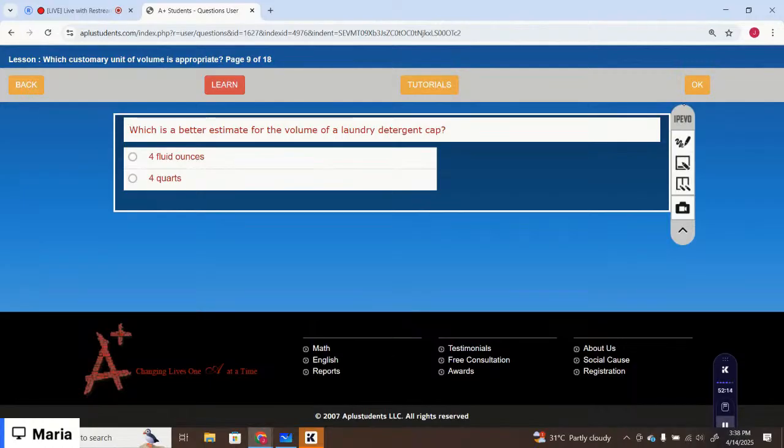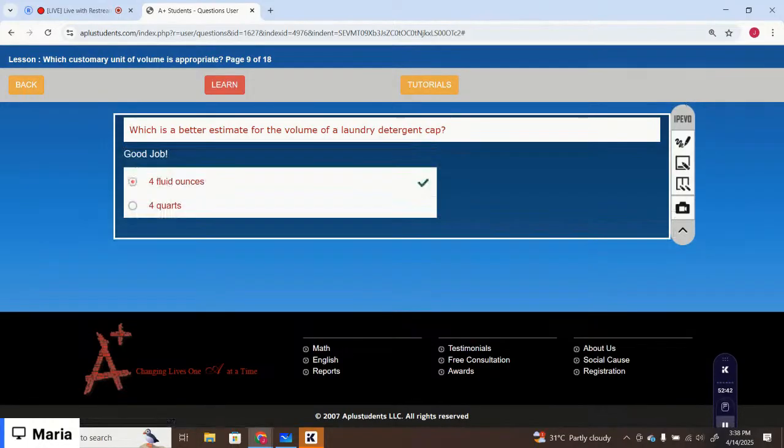Which is the better estimate for the volume of a laundry detergent cap? The laundry detergent cap must be four. I think fluid ounces is a bigger unit. I forgot again. I think that is 4 fluid ounces. Let's just see. That is 4 fluid ounces.